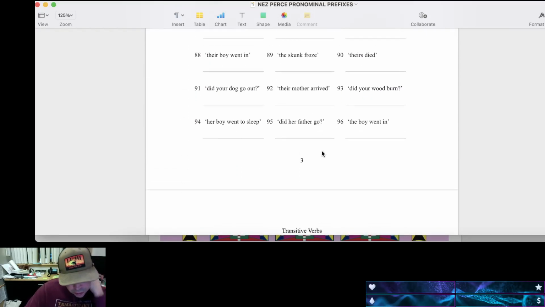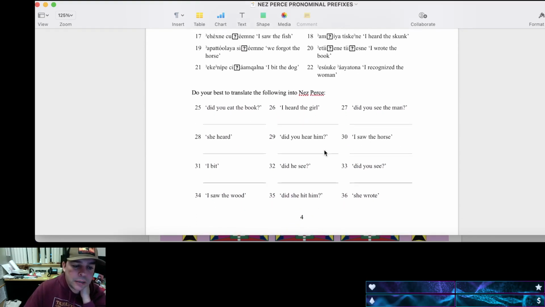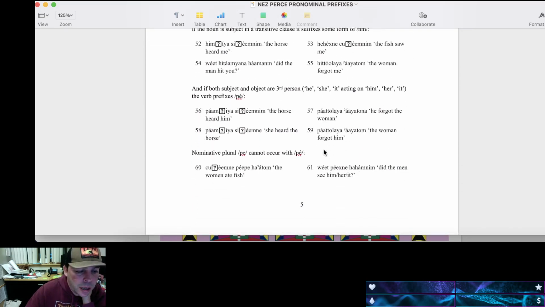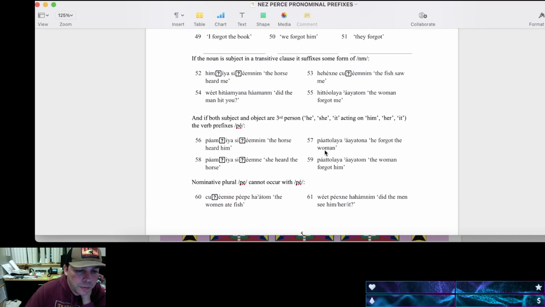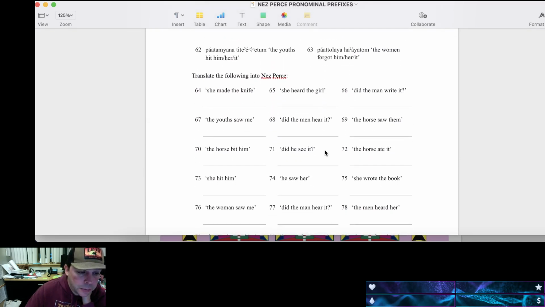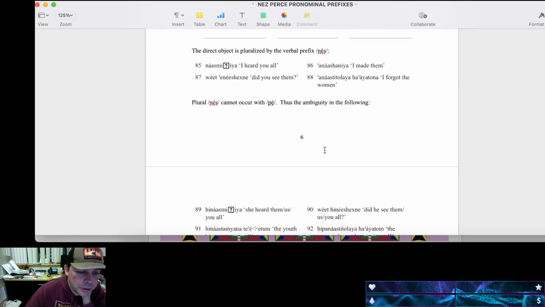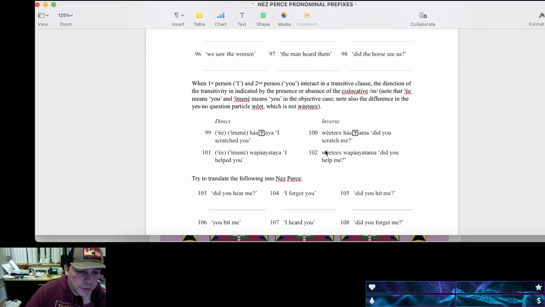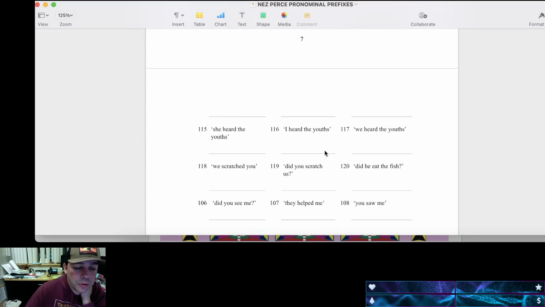So you might have noticed that when we put tense on the end, sometimes it sounds like sa, and sometimes it sounds like tsa. And the reason for that is because we have two major verb classifications in our language. For the most part, they're going to fall into one of those two classes.